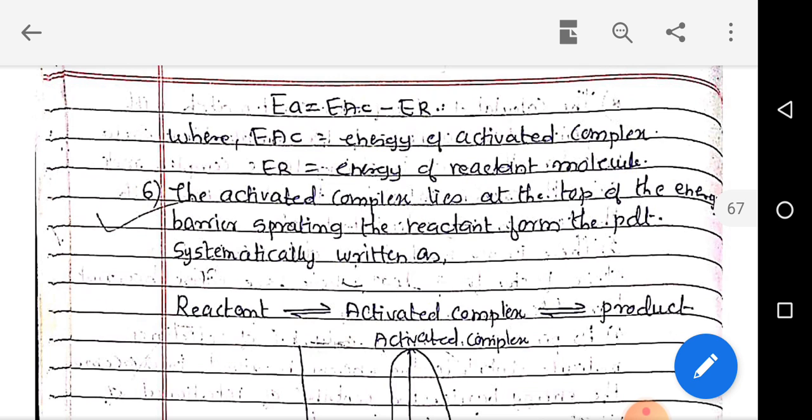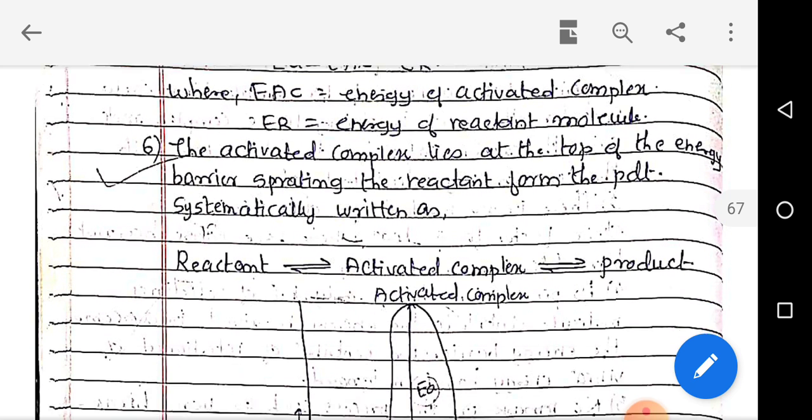If the amount of energy is not sufficient, the difference is big and this requires some external source. If it is sufficient, they can acquire the activated complex.